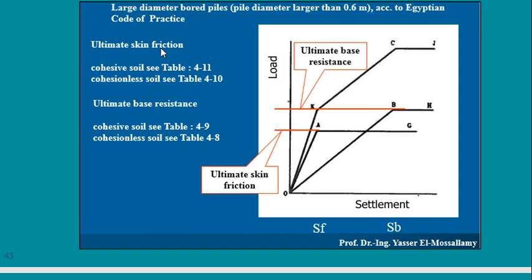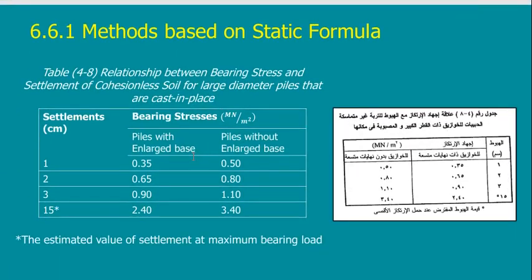So the ultimate skin friction, which is this one for point A, is the ultimate resistance related to the friction between the soil and the pile. So the code gave me a table for this one, and for the other there is another table, and so on. So I use the table. I go to the settlement, which is the maximum settlement. I will take the value.